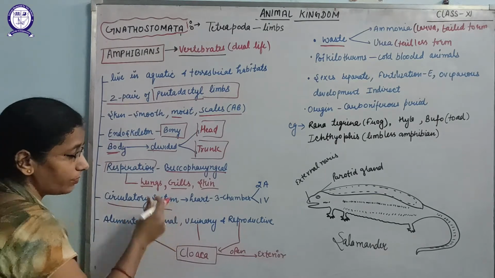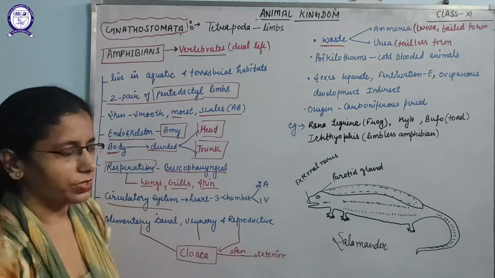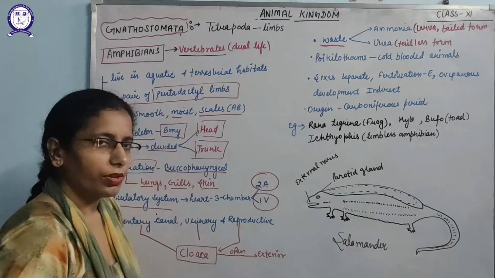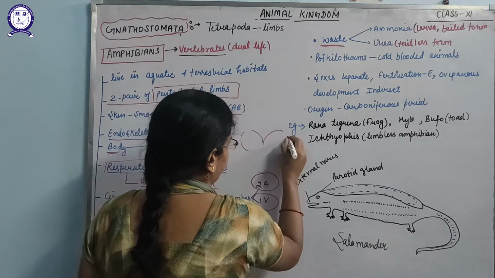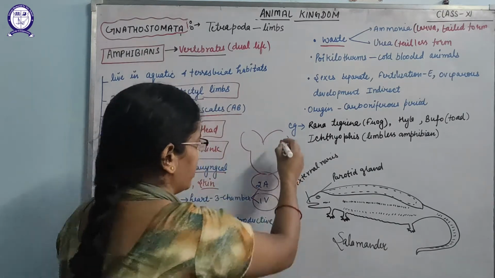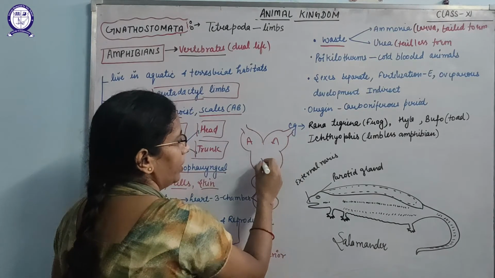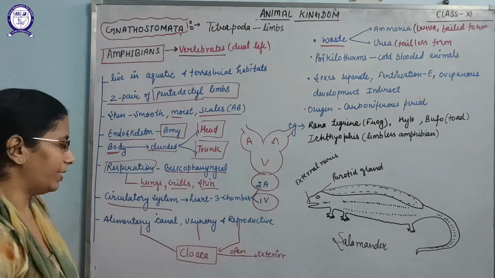In the circulatory system, the heart is mainly made up of 3 chambers, in which 2 are auricles and 1 is ventricle. So 2 auricles are there and 1 ventricle is there.